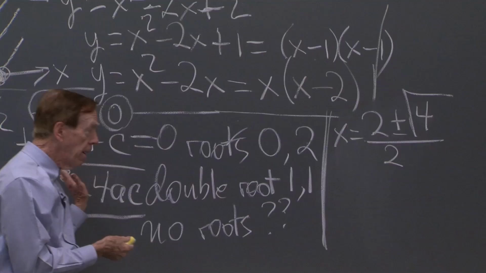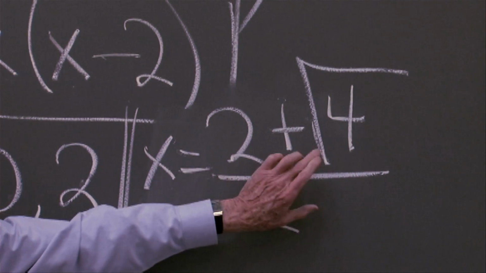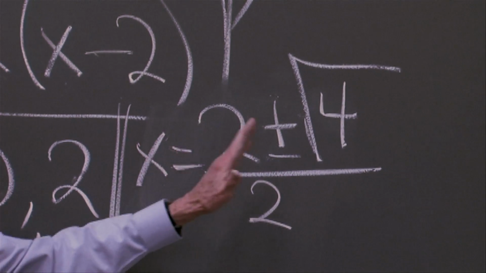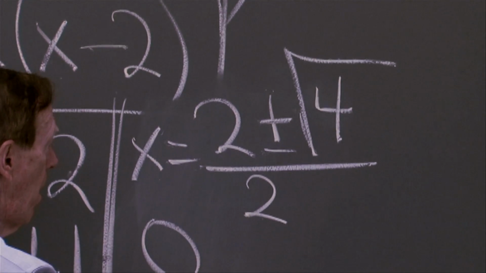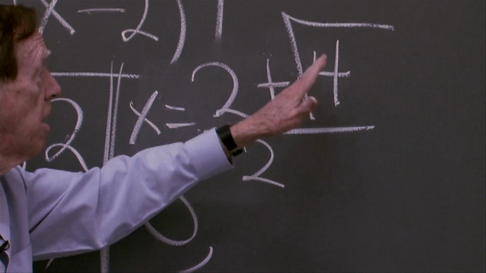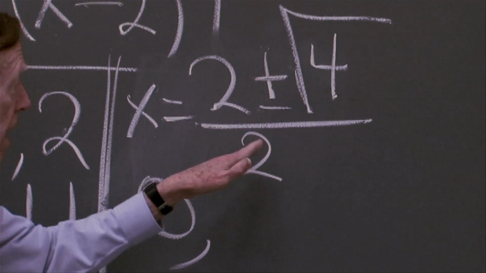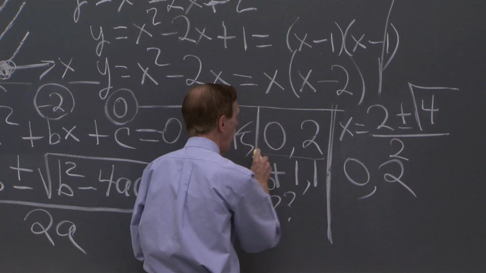And what do I get then? This is from my big formula. I put in the numbers. Now the square root of 4 is 2. So I have two possibilities here. 2 minus 2, which would be 0. Or 2 plus 2, square root of 4, 2, would be 4 divided by 2. I would get 2. And sure enough, that's what I wanted.